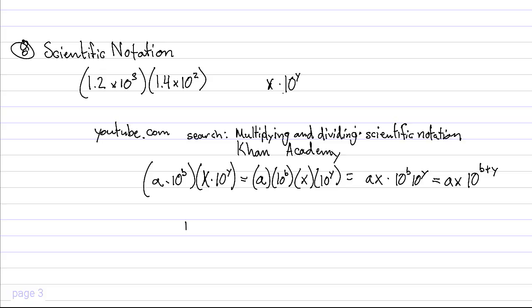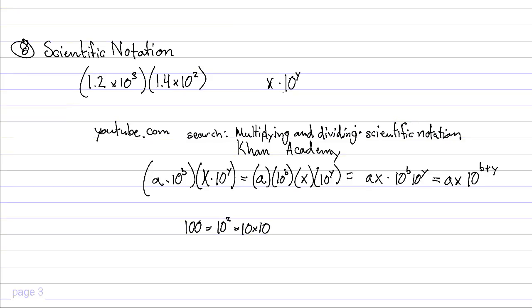For example, 100 equals 10 to the second, right? 10 times 10. And we know that 10 times 10 times 10 times 10 equals 10 to the second times 10 to the second, and that's also equal to 10 to the fourth. And just as a quick shortcut, we know that that's equal to 10,000, right?